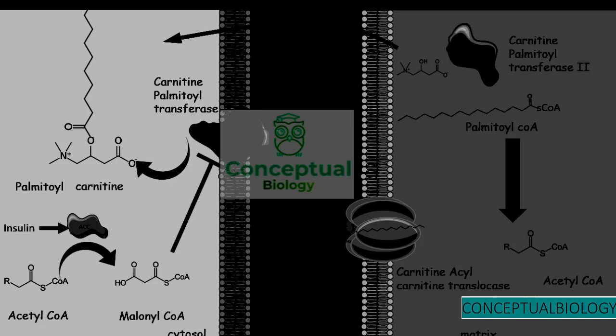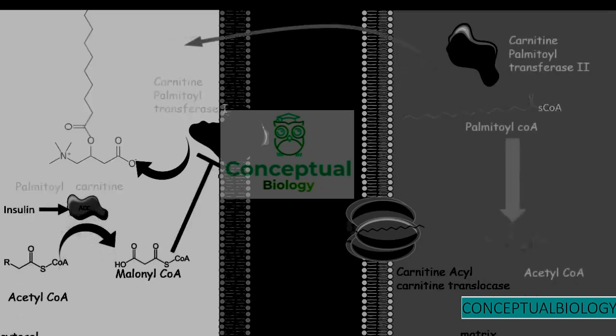So the presence of insulin ensures that acetyl-CoA carboxylase is active, acetyl-CoA is converted to malonyl-CoA, and malonyl-CoA shuts off the transfer process of fatty acid from the cytoplasm to the mitochondrial matrix. Rather, malonyl-CoA inhibits CPT1 and it triggers the fatty acid biosynthesis pathway rather than the fatty acid breakdown process.